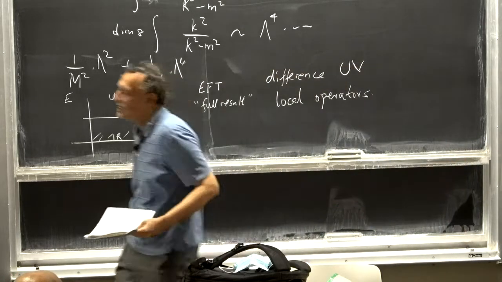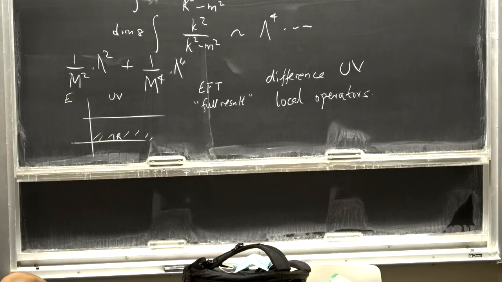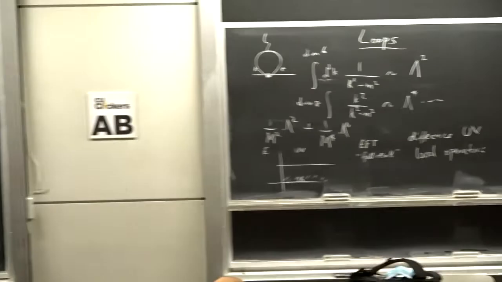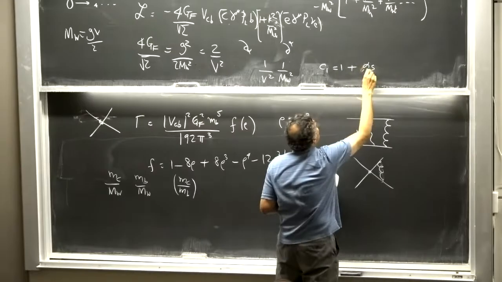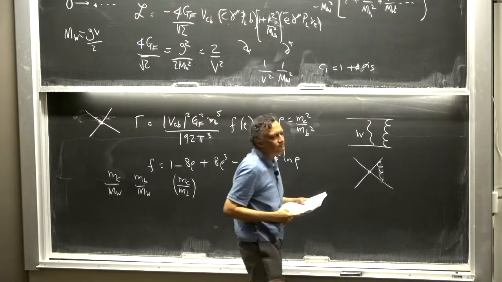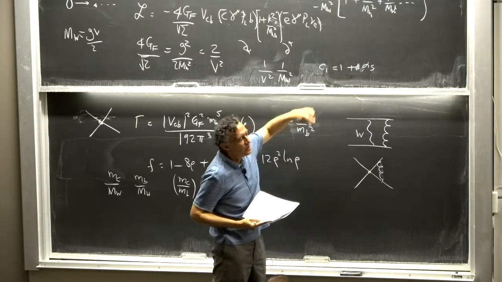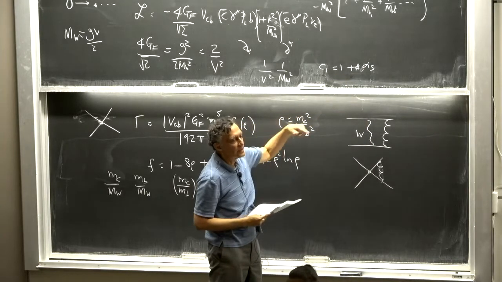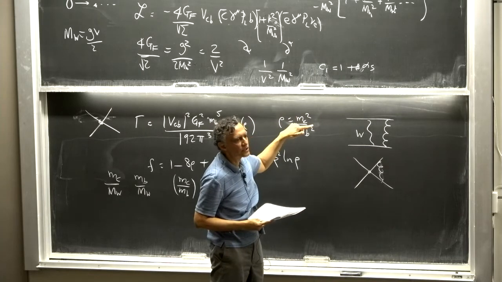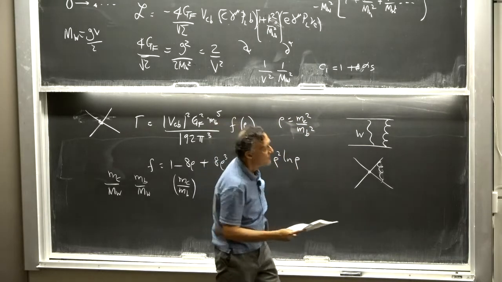So what happens is that if I do this at one loop, this coefficient of this 4 fermion operator was 1 in some units. And when I do the alpha s expansion, there will be some correction here, which is order alpha s times some number. And this number has to be chosen so that the full one loop result is correctly reproduced by the EFT. So I'll show you how to do that in just a second.